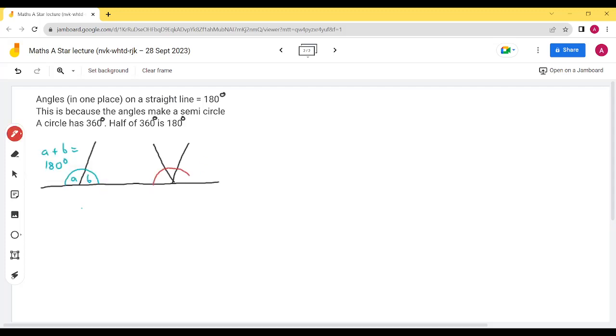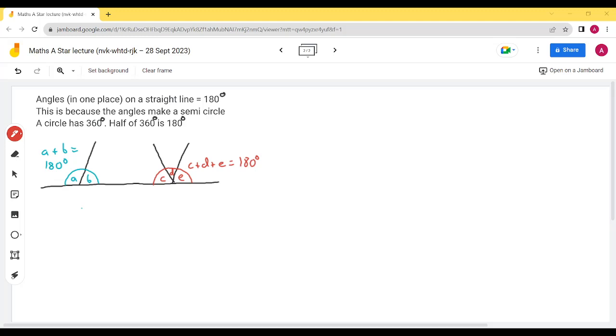Or down here, we can have C, D, and E. We can say C plus D plus E equals 180 degrees. You can see the angles C, D, and E do not affect A and B because they're in two different places on the straight line. It's always going to be the angles in one place on the straight line, even though we generally shorthand it and call it angles on a straight line.